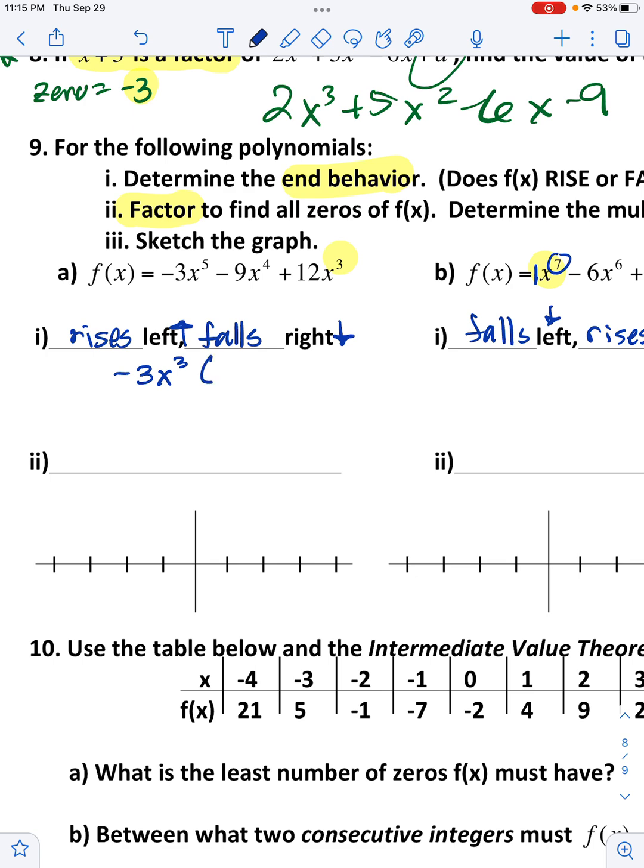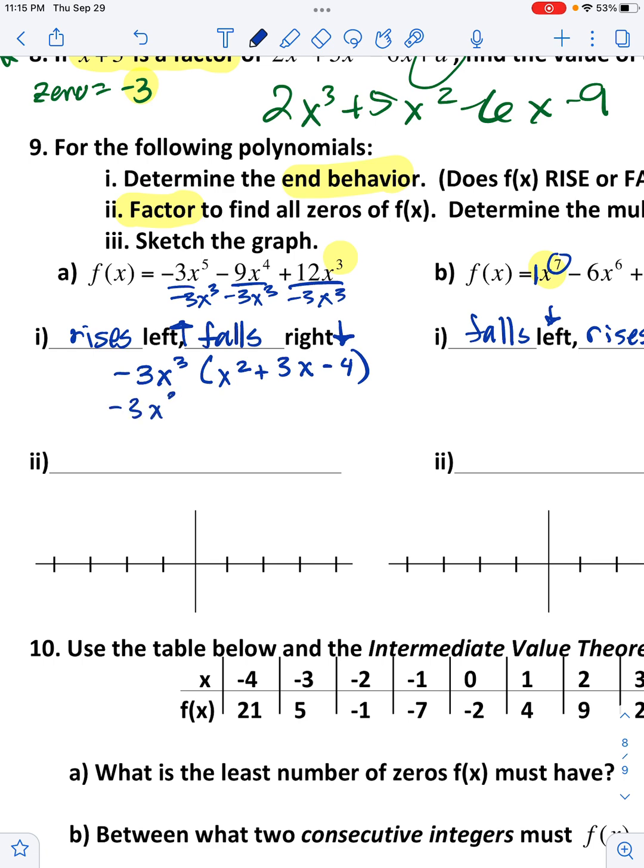Leaving me with, if I divide each of these pieces by -3x cubed, I'm just going to have a positive x to the 2nd, then a positive 3x, and then a -4. And then that's supposed to factor further.